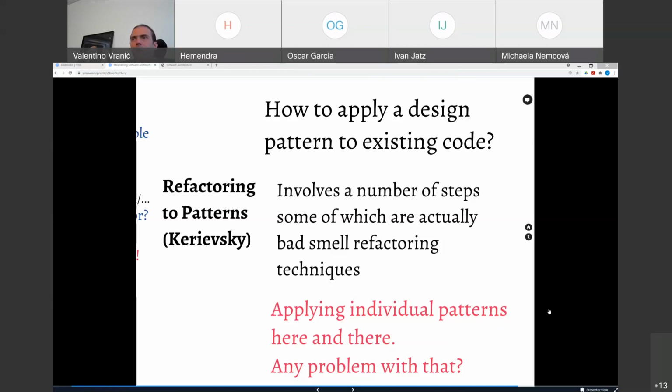And individual patterns, applying individual patterns here and there might break the wholeness of the system. Like you are improving some things, but you are growing things in an unorganized way. So you don't have a vision of the whole. And this is something that might bring all kinds of problems, and you actually then can make things worse even.